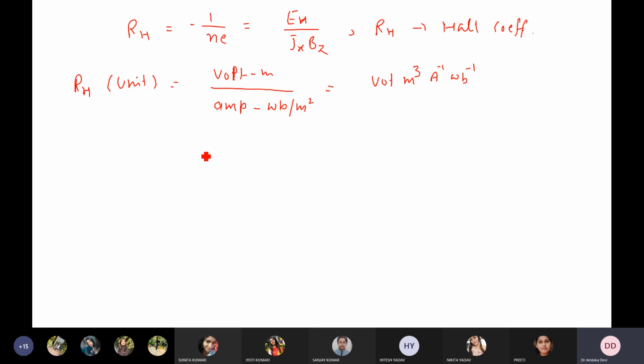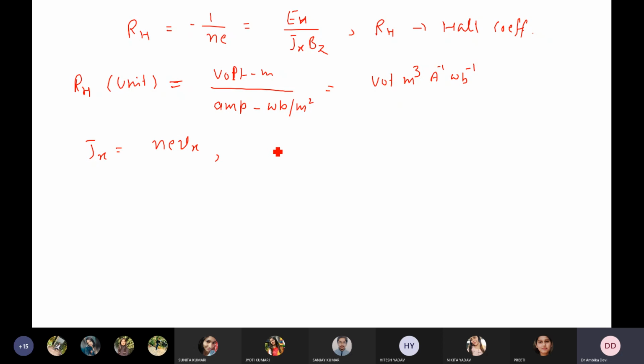Now let us talk about the mobility, right? This experiment can also help you to find out the mobility of the charge carriers, right? How to find out the mobility? Starting with, we know that the current density Jx is given by n e Vx, ignoring the minus sign because it is just giving you the information about the direction. Okay, so Jx is equal to n e Vx.